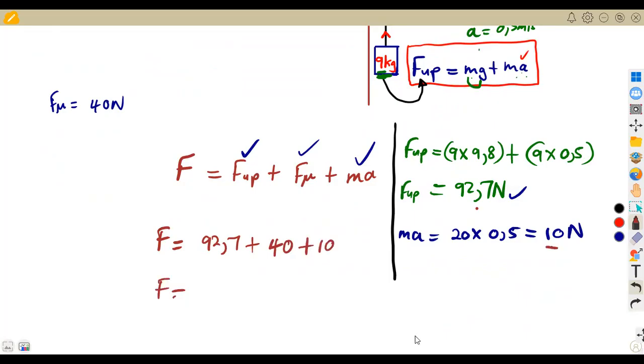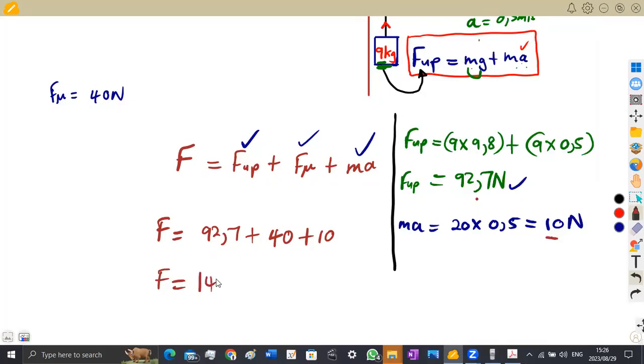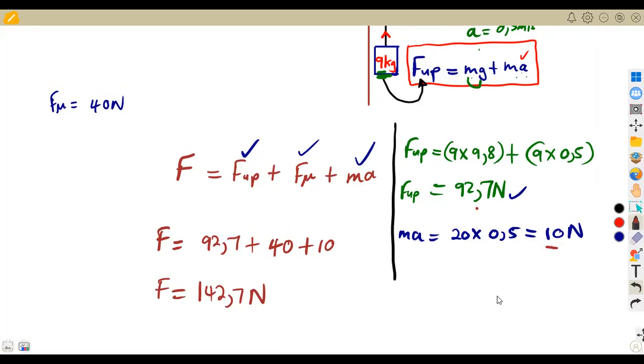So we are going to add these so that we have the equivalent. 92.7 plus 40 plus 10 is 50, so it's 142.7. So we are going to have 142.7 Newton. This is the equivalent force that is affecting everything that we are given from this information.